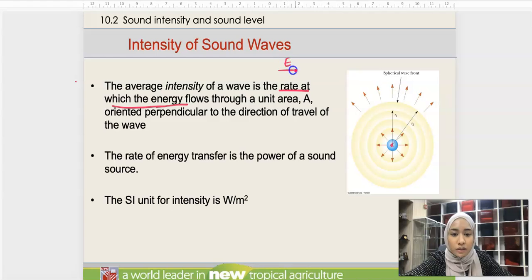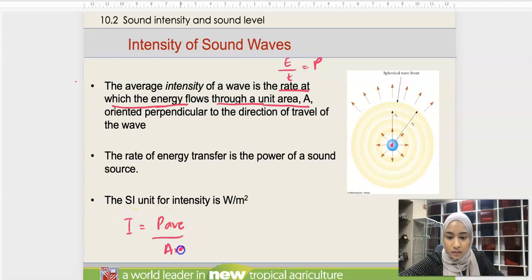So E over T is P. So that's your power, through a unit area, usually the denominator. So P average over A. So I is equal to P average over area, because this is your rate of energy, and this is through the area. So that's your equation.